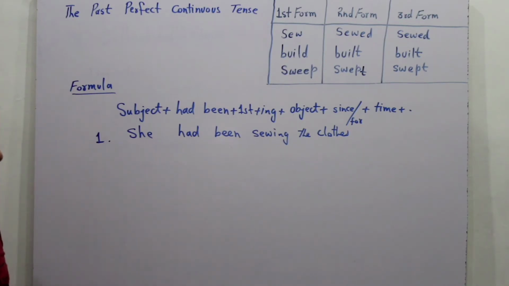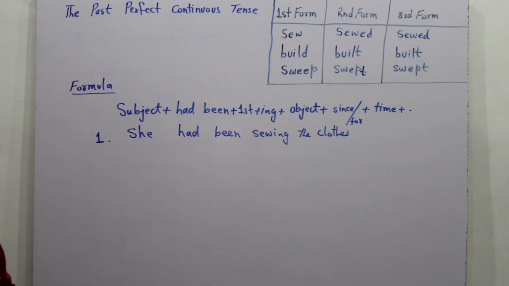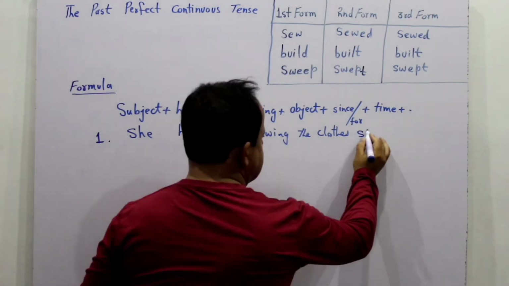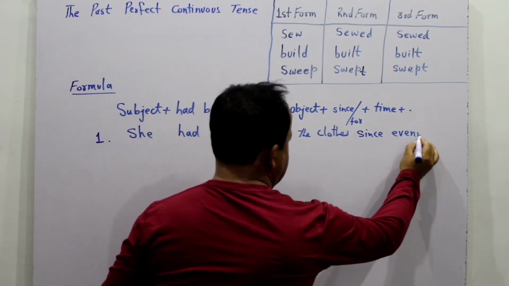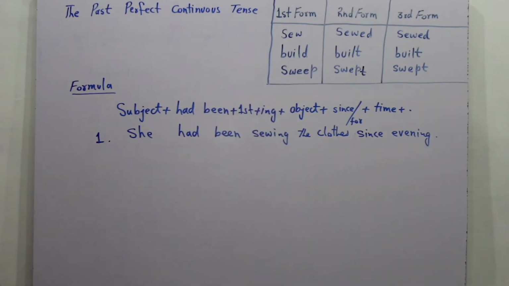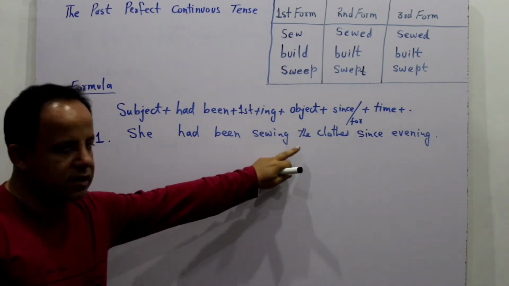Now if you want to mention the time, since or for plus time, you can use any time. For example, if I tell you she had been sewing the clothes since evening, the word evening is a point of the time, so with the exact point of the time we can use since. The sentence is made like this: she had been sewing the clothes since morning.